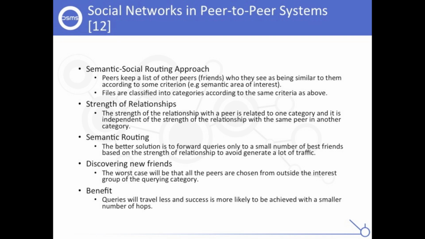Semantic routing. The best solution is to forward the query to a small number of computers. Discovering new friends. For downloading a file, the worst scenario would be that the peer is outside of any of our categories. The benefit of all these concepts is that the queries will travel less and success is more likely to be achieved with a smaller number of hops.